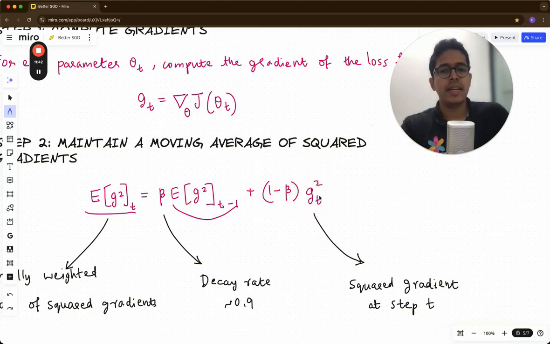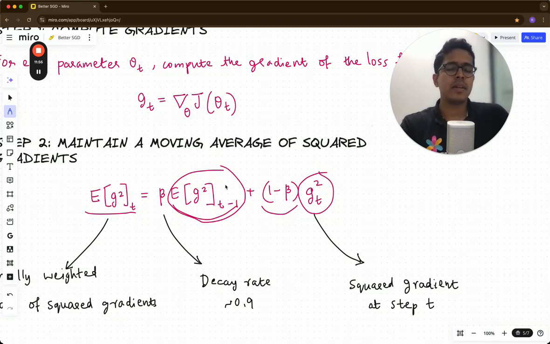So this g_t squared is the gradient at time step t squared, and 1 minus beta will be 0.1 because beta is 0.9. So we are taking 10% of the square of the current gradient, and 90% of whatever was the moving average of the gradient in the previous step.